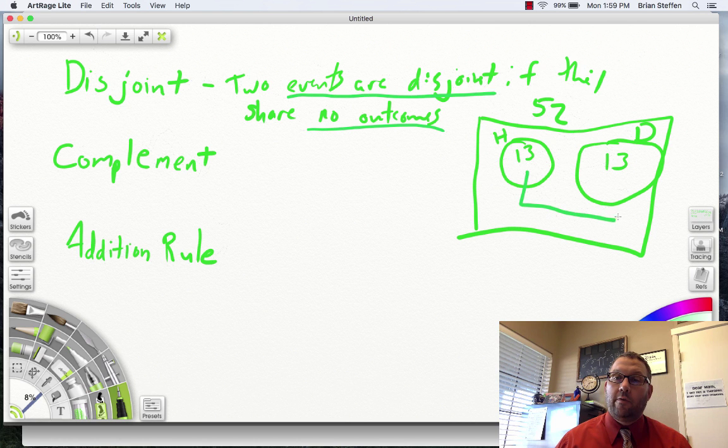So let's take it like this. I'm going to get rid of this 13, and I'm going to get rid of this 13. Now if I have this square, let's say those are aces. There are a grand total of 4 aces in a deck.